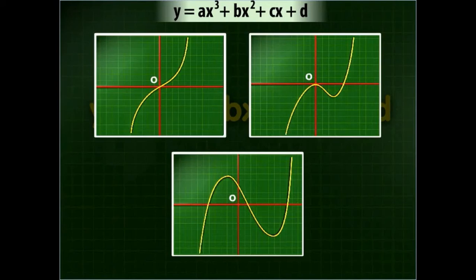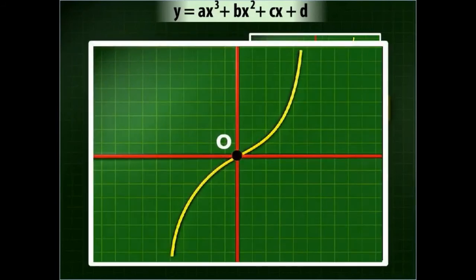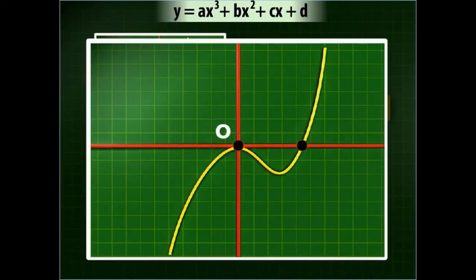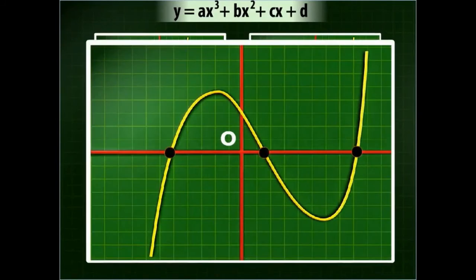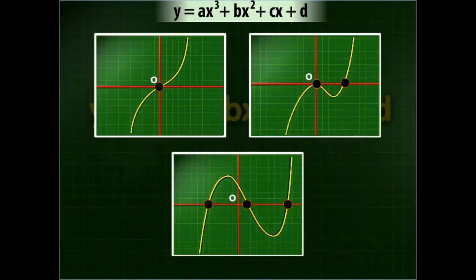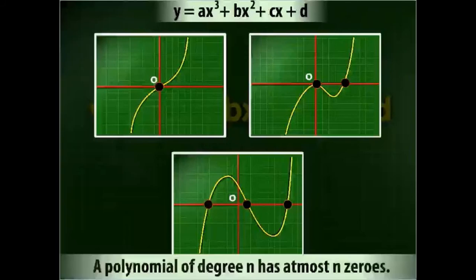From these graphs you can conclude that the graphs of cubic polynomials intersect the x-axis at 1, 2 or 3 points respectively. So, a cubic polynomial can have at most 3 zeros. In general, a polynomial of degree n has at most n zeros.